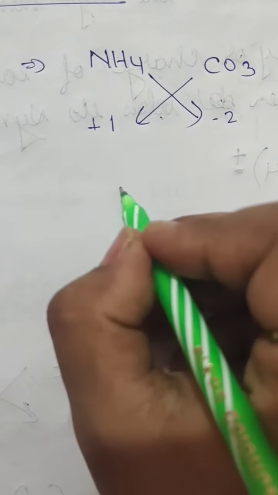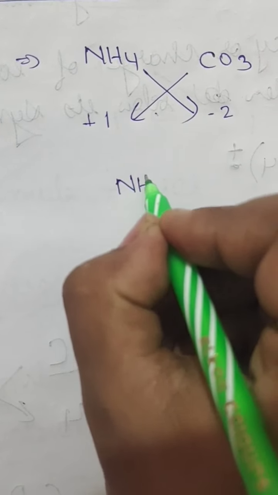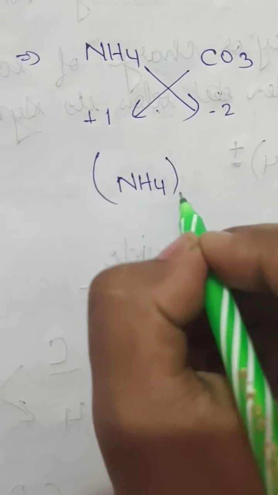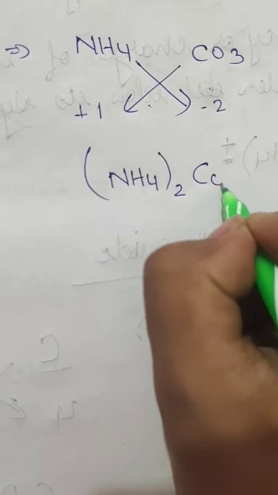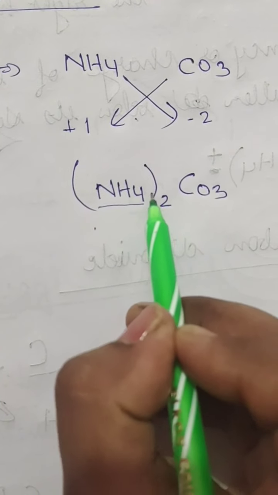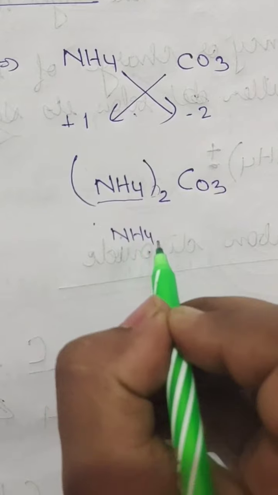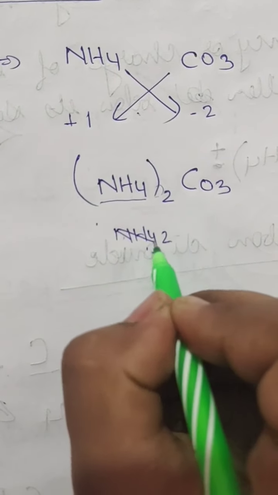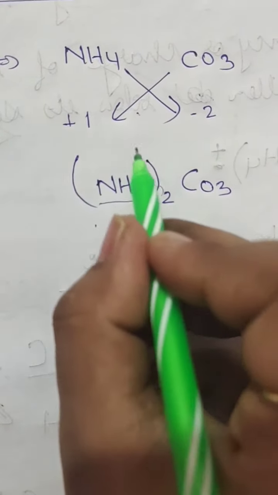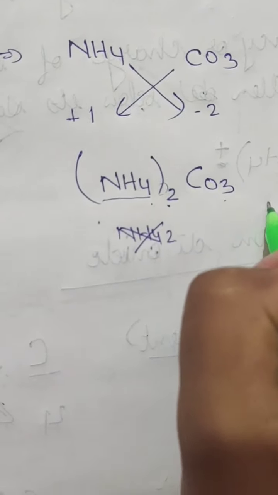So the formula becomes (NH4) whole twice and CO3. When it's a polyatomic ion, we cannot write only 2 here, it will become NH42. If we write NH4 and 2 like this, it will become 42. It's wrong. So we have to make it (NH4) whole twice, 2, and CO3.